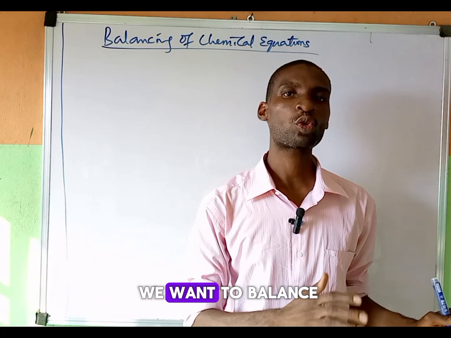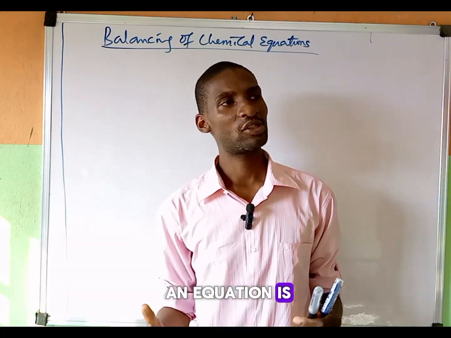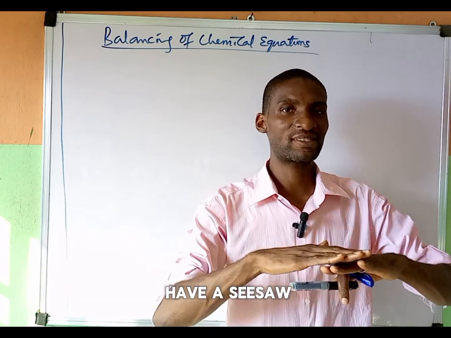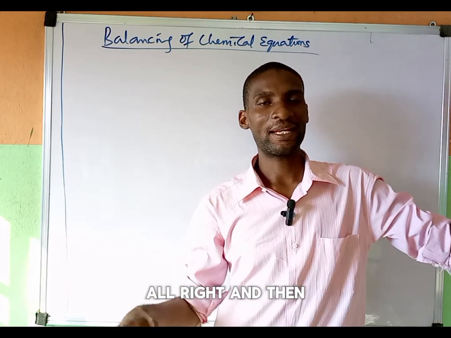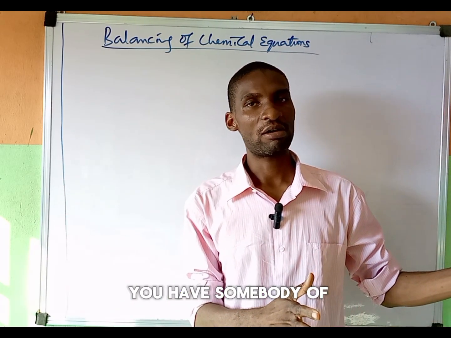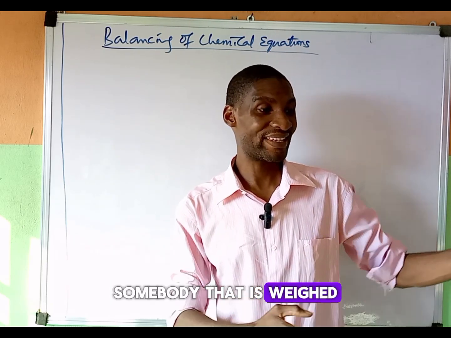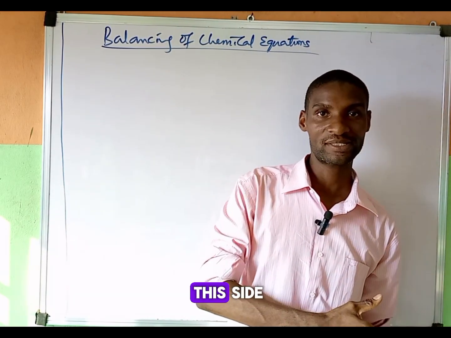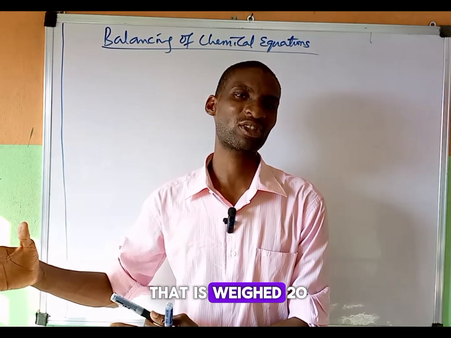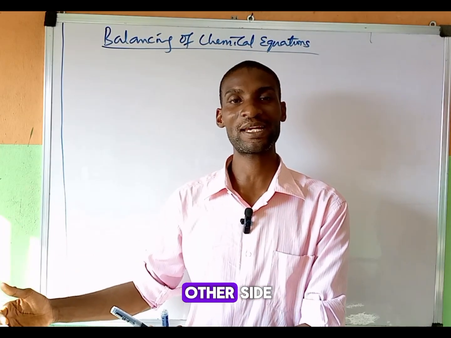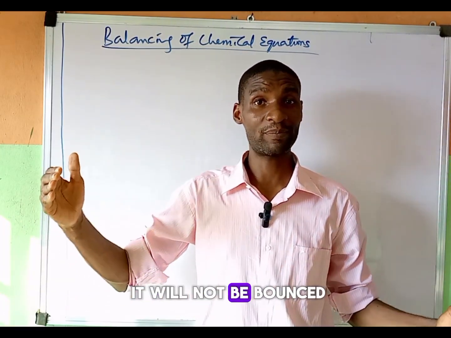And when we say we want to balance an equation, it's as if you have a seesaw, and you have somebody weighing 80 kilograms sitting on this side, and you have somebody weighing 20 kilograms sitting on the other side. You will see that it will not be balanced.